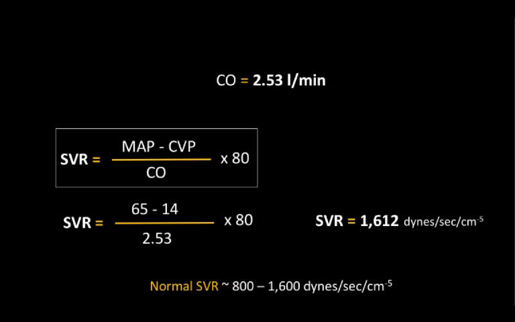So we can take that into consideration in the decision to go up on the pressors, stay where we are with the pressors, go up on the fluids, or maybe choose inotropic support as opposed to just peripheral vasoconstriction. And that is pretty much what you need.